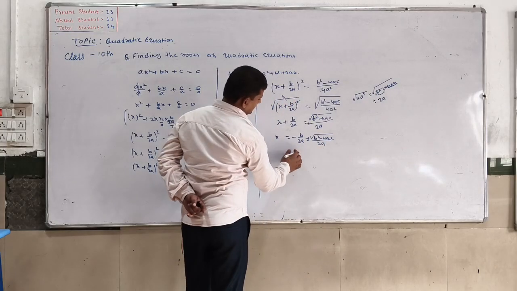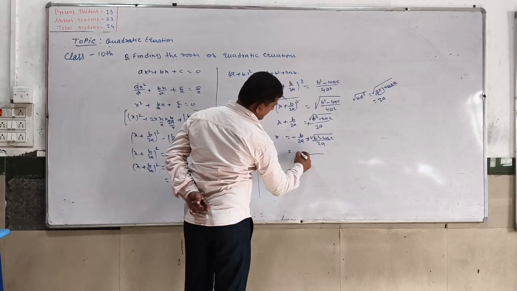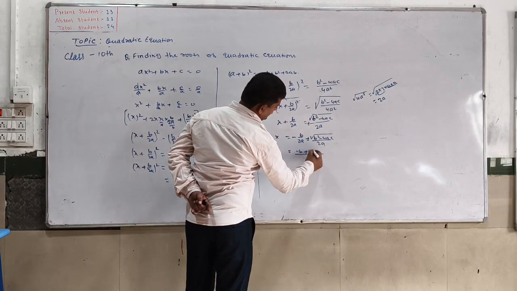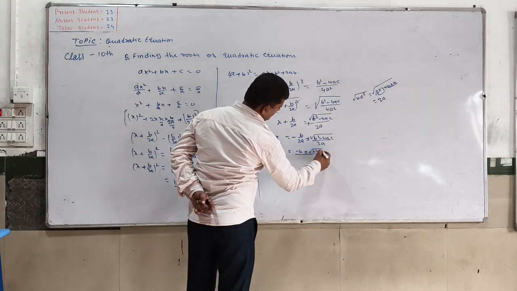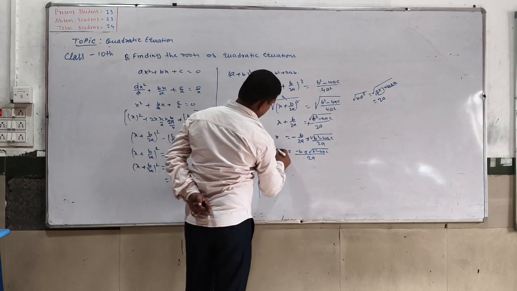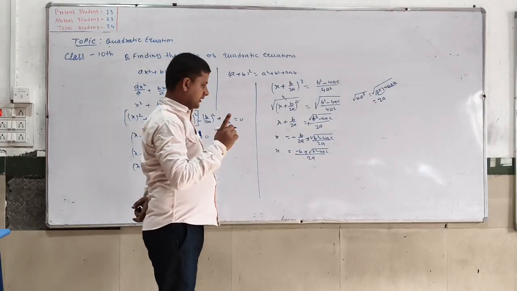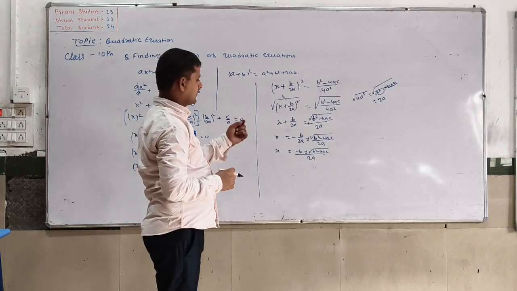Taking the LCM, because both denominators are the same, x is equal to minus b plus minus root under b square minus 4ac upon 2a. So this is the formula for finding the roots of quadratic equations.